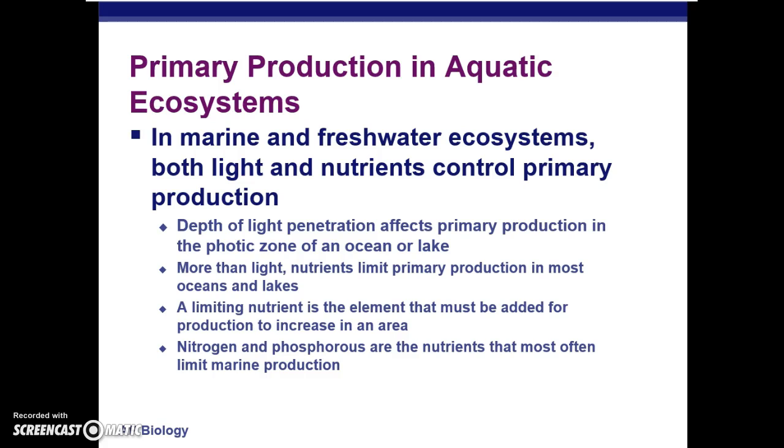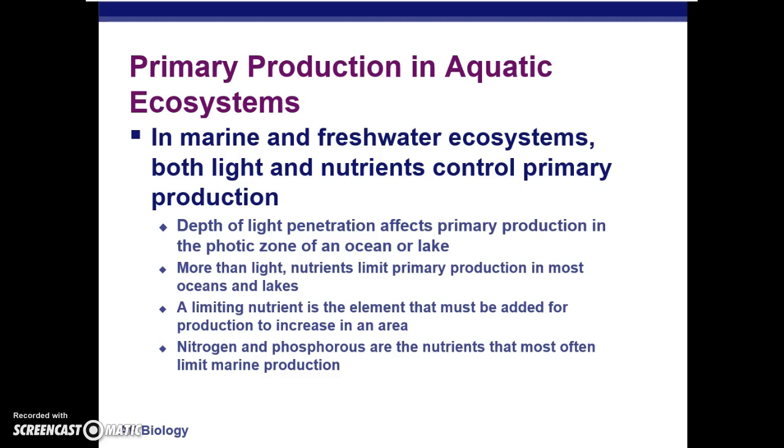And so the availability of light and nutrients controls the primary production. Part of that is the depth of those bodies of water prevents light from penetrating very far. It can only go through what we call the photic zone of the ocean or lake.